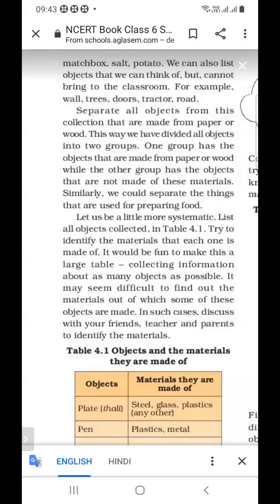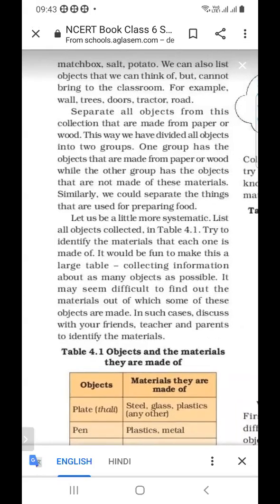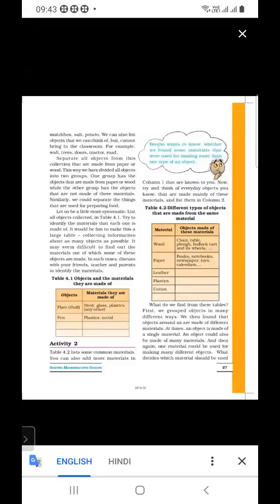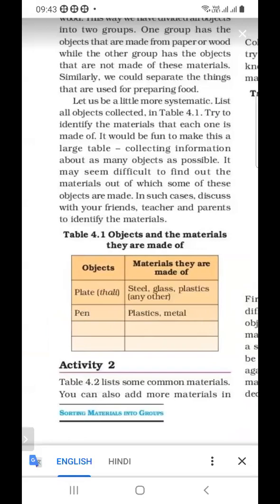Suppose we are making dal, so we will separate all things, like spices, dal, and oil. Grouping makes the work easier. Suppose a plate: a plate is made up of steel, glass, or plastic, and a pen is made up of plastic and some metal.